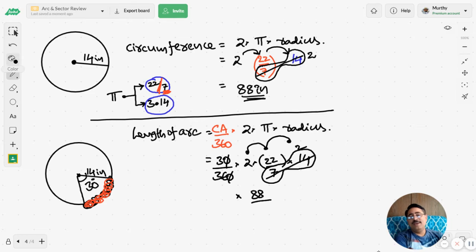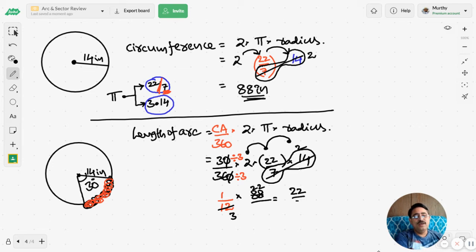Then I can divide 3 and 36. This is divisible by 3, 3 ones are 3. This is also divisible by 3, so 3 12s, 36. Now 88 is divided by 12. So 4 times 3, 4 times 2, 4 times 2. Or else you can make use of a calculator.